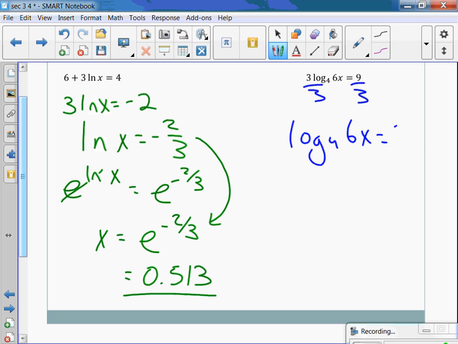4 to the 3rd equals 6x. What is 4 to the 3rd?